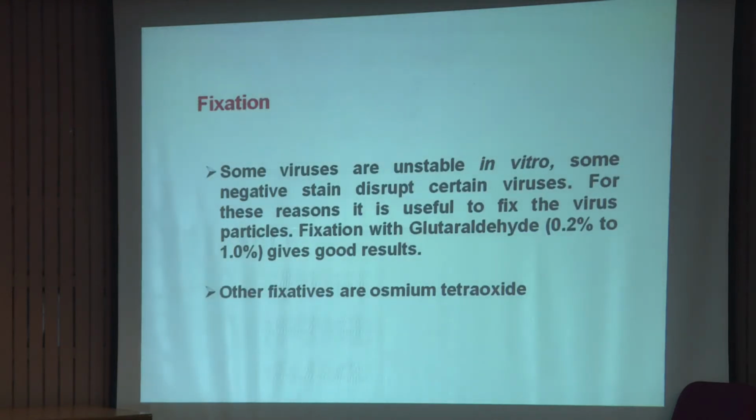And fixation, as I just told you, glutaraldehyde is a very good fixative, a primary fixative, and osmium tetroxide is a secondary fixative. Sometimes tospoviruses are highly unstable viruses. When you grind them, they may denature because their membrane will be broken and their shape will be changed.